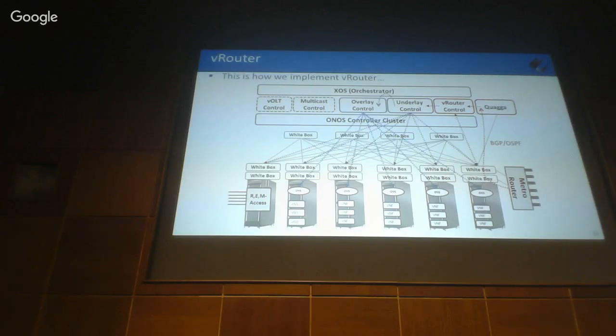The advantage of this is if you need more routing capacity, you can just slide in a new white box switch, and you have extra routing capacity, more ports to route through, which is pretty powerful as a concept and very, very cheap and cost effective. So really, the main takeaway here: the router in CORD is the leaf spine fabric. We don't have a dedicated box. The leaf spine fabric is the router.